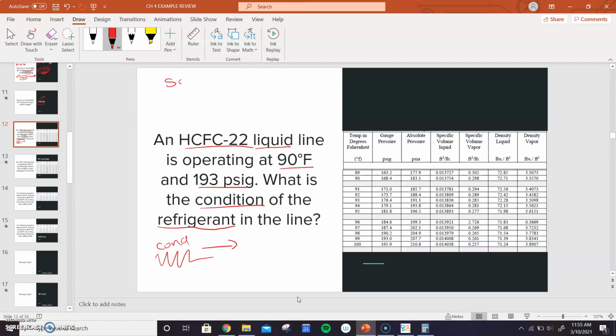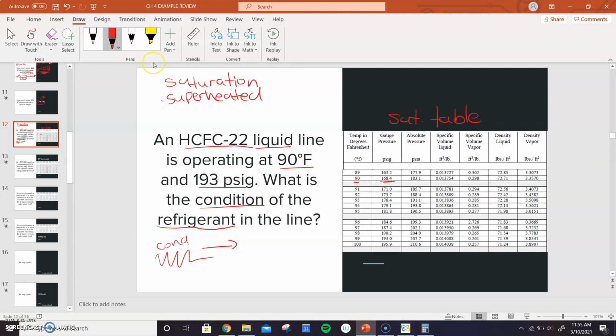So we can be at saturation, meaning that the values on our temperature and our pressure are going to match up, because this is a saturation table. We can be superheated. Can a liquid be superheated though?